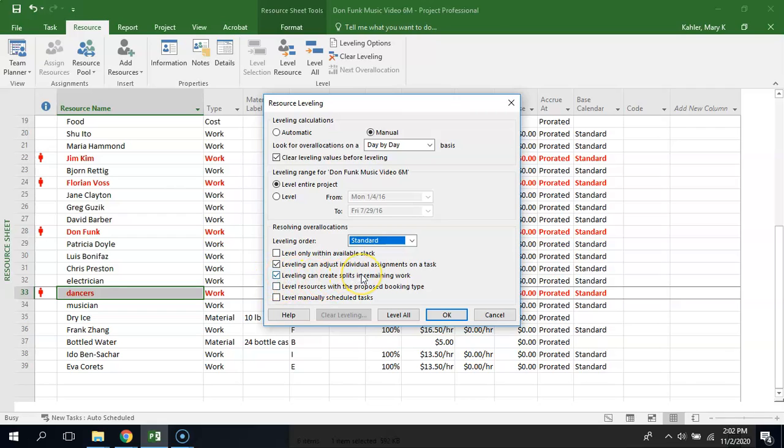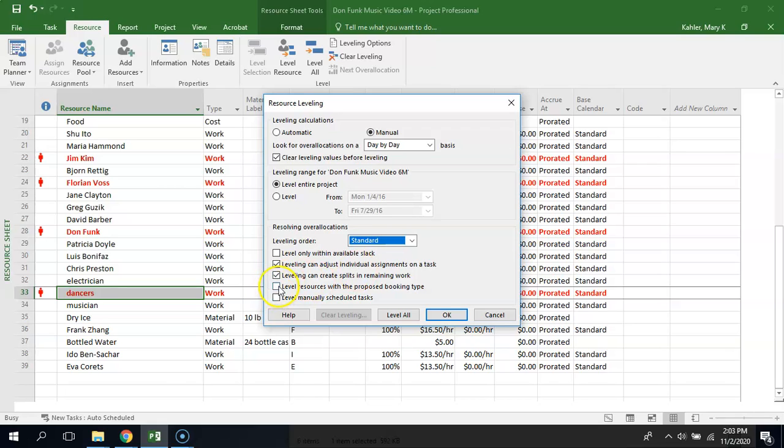Keeping this checked will enable Project to basically, if somebody is over allocated just for one day, take a break from one of the tasks and not work on it that day, and then come back to it the next day when they're not over allocated anymore, which seems like a pretty smart way to manage your resources, right? And that's naturally what you would do in real life. It would be like, okay, clearly you can't work on all of this today, just focus on the one project for today. Right.